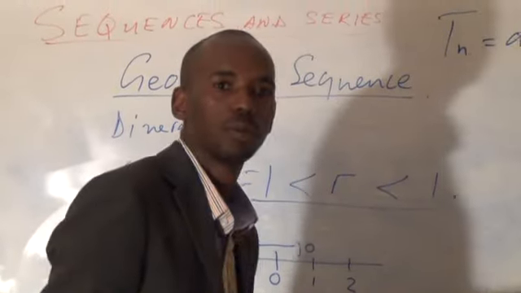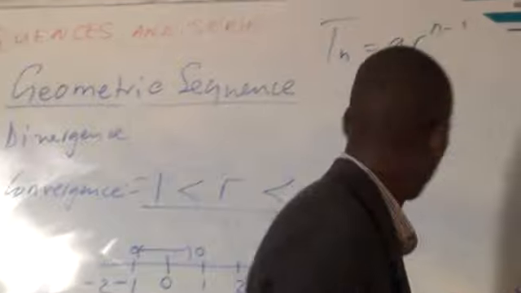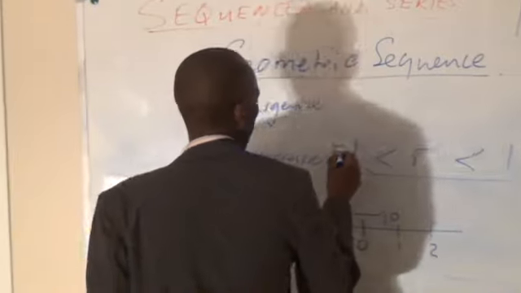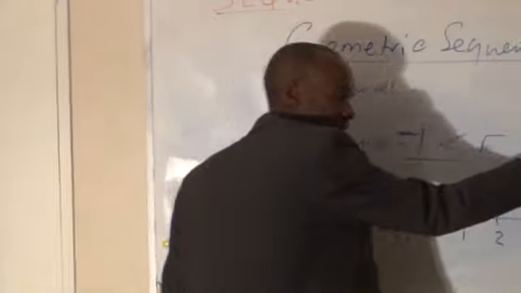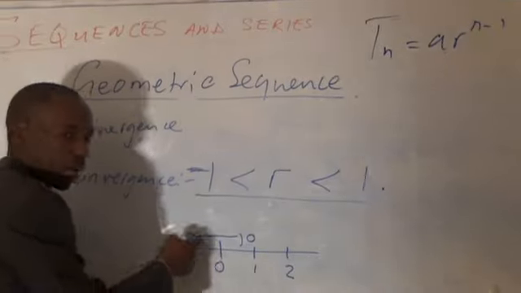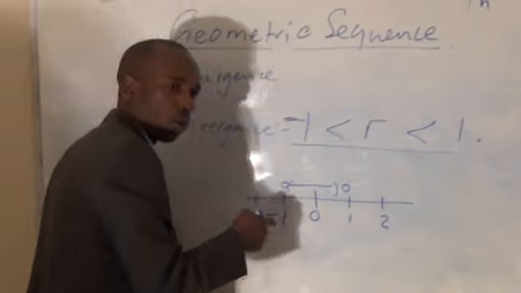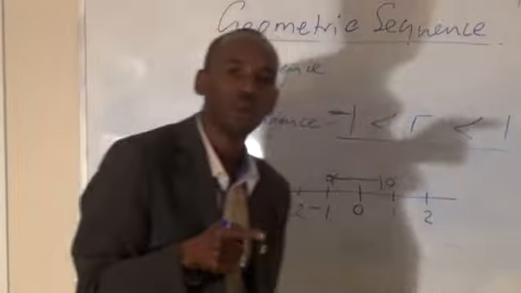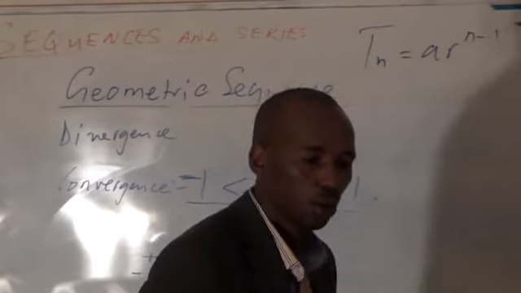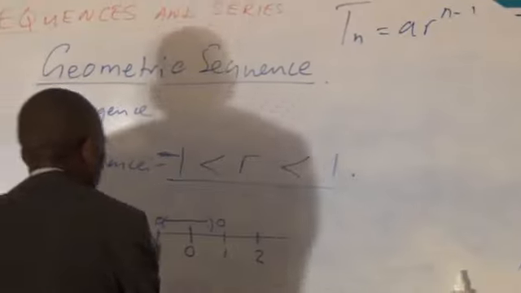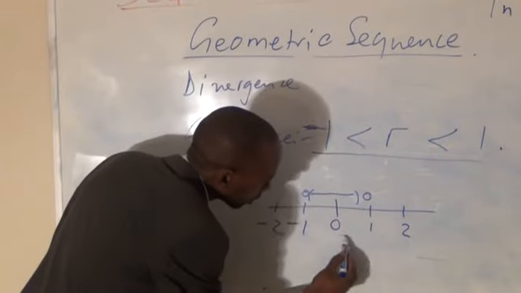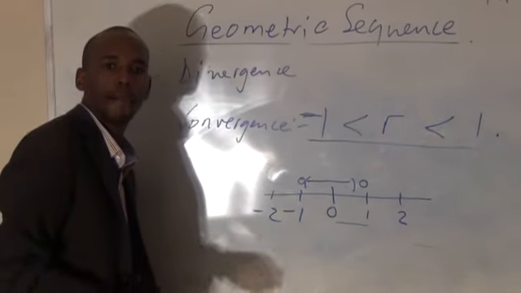Yes, you said R has to be greater than minus 1 but less than 1. So it has to lie within this region. What does that mean? In this region, what numbers do I have between 0 and 1? What kind of numbers?